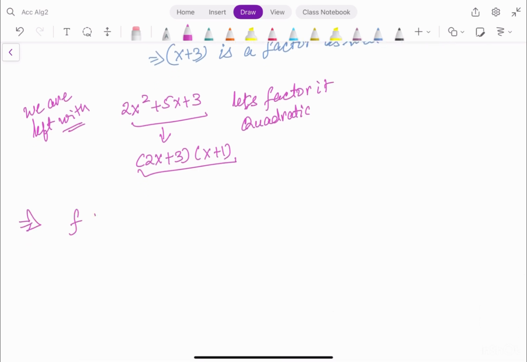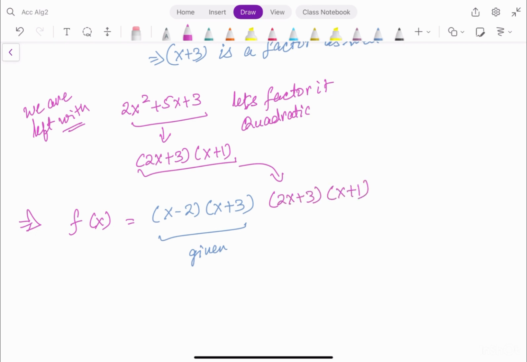So the complete factorization will be f of x is equal to the two factors that they have already given, that we proved are factors, and the factors that we got after factoring the quadratic, which is 2x plus 3 times x plus 1. Do not leave the expression as 2x squared plus 5x plus 3 as one of the factors, because it is not in factored form.